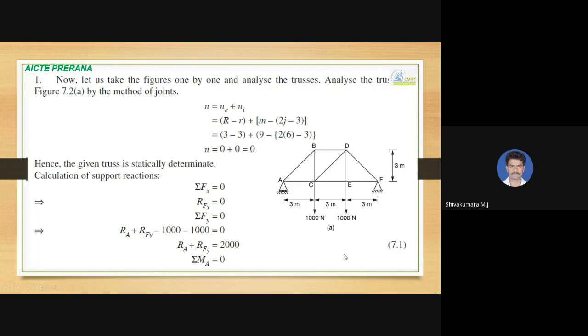The 1000 force acts downwards at a perpendicular distance of 3, trying to rotate clockwise with respect to A, so 1000 into 3 is positive. The other 1000 Newton force has a perpendicular distance of 3 plus 3, 6, so 1000 into 6, rotating clockwise, is positive. RFY acts upwards at a perpendicular distance of 9, rotating anti-clockwise, so RFY into 9 is minus.